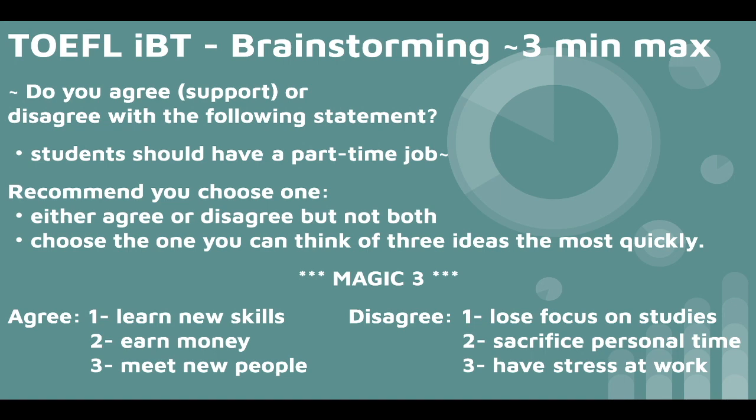I want to spend more time with students at my university, with my friends at my university or college. I don't want to lose time doing that as well. And 3, stress at work. I don't want to have stress at work. I have enough stress with just my studies. I don't want that extra stress. Maybe emotionally, I could become depressed, etc.